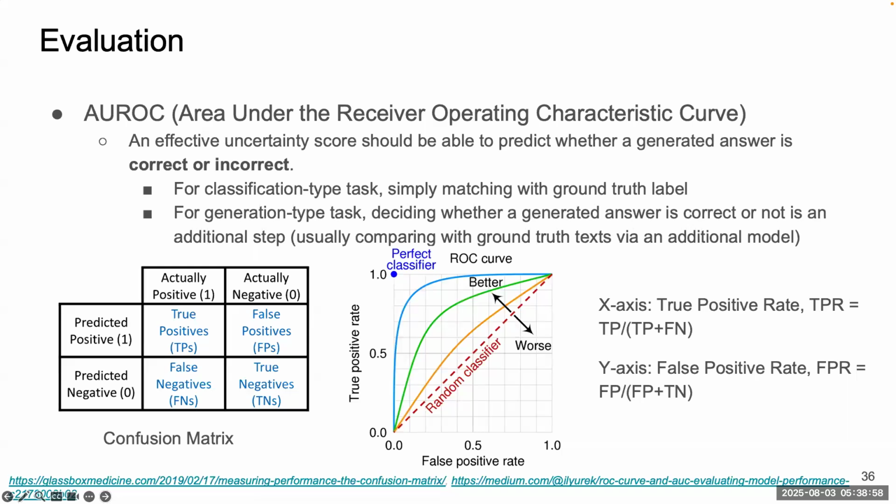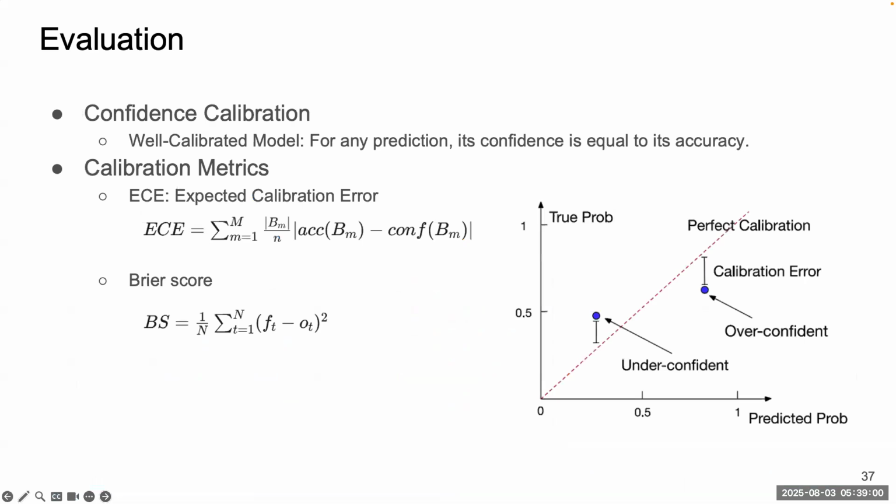And that is one metric, AUROC, but people are also using confidence calibration based metrics. The intuition is that if it's a well-calibrated model, then for any prediction, its confidence should be equal to its accuracy. If you have multiple samples in the distribution, accuracy should follow their confidence.